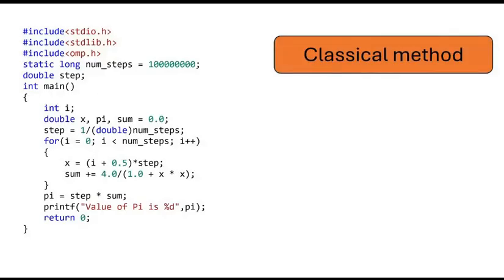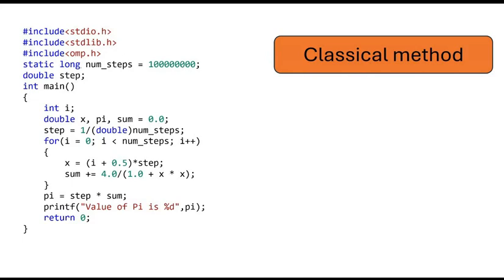Okay, so now let's see how we are doing it. This is the classical method to do it. What I mean by classical is without any parallelization, so it will be running using a single thread. So I have a static long. Static means I do not want this variable to change, and long because I want the value to be bigger than 32 bits allows me to.